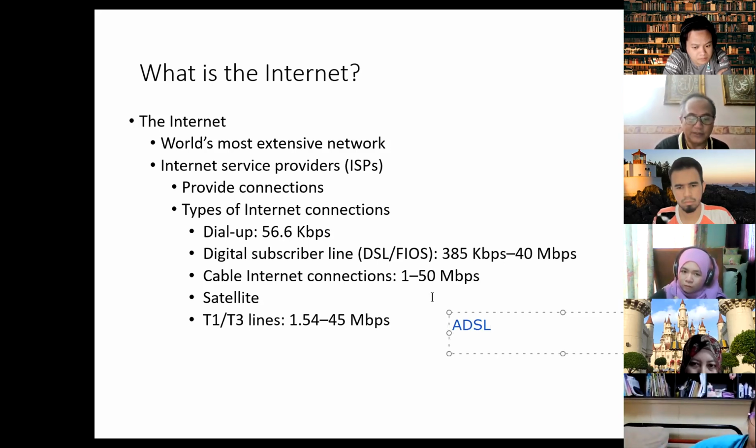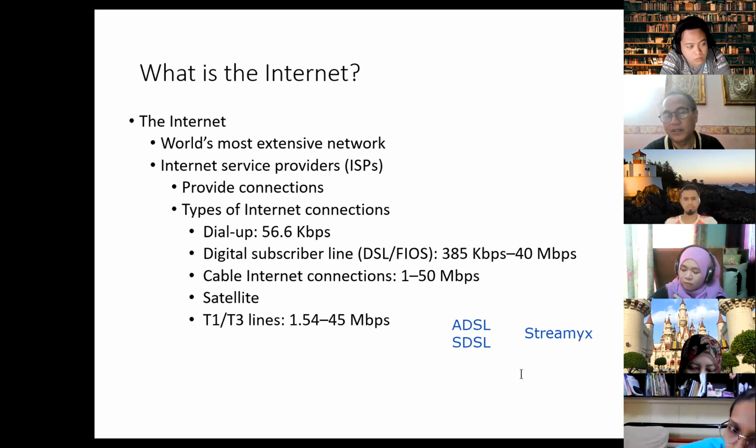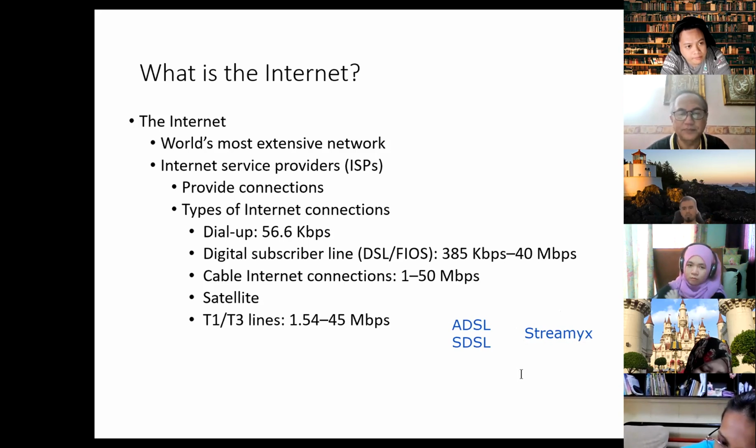Also, we have SDSL, synchronous digital subscriber line, commonly known as Remix. ADSL is for home, and for enterprise they provide SDSL. And now we are moving into fiber network, which is Unifi.